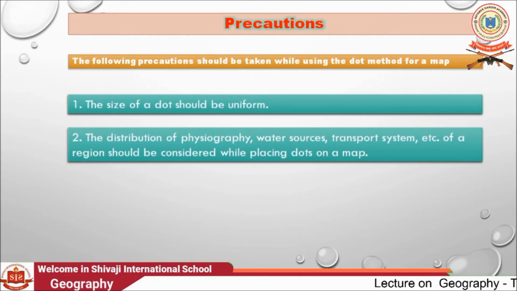Avoid the mountainous region. Okay. Then see the water sources also: we need to avoid river bodies, lakes, and water sources. Then the transportation system, meaning roads, highways, railway tracks, railway stations, even airports, we have to avoid while putting the dots.